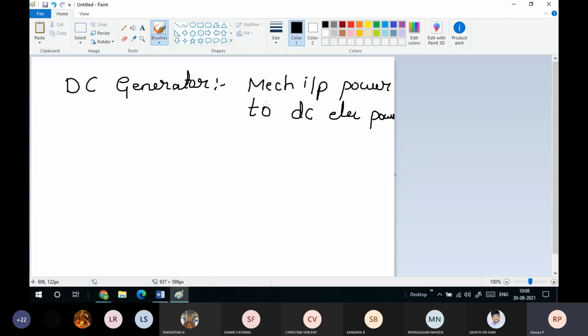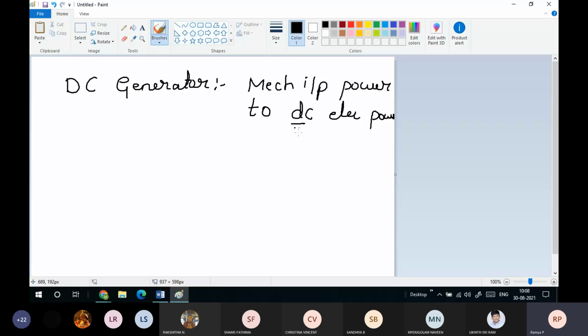So I should give some mechanical input in the form of power, and that mechanical input power will be converted into a DC electric output power. DC states that it is a direct current.